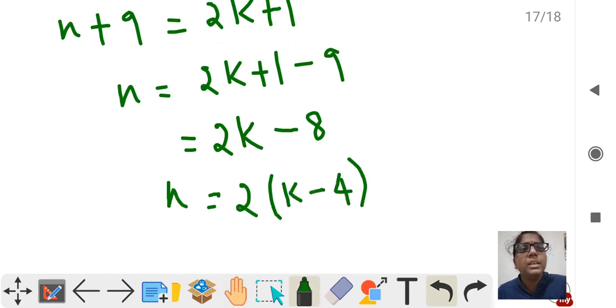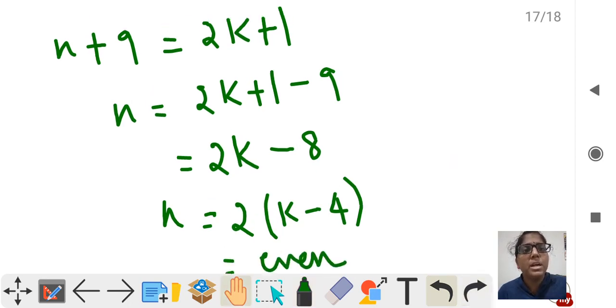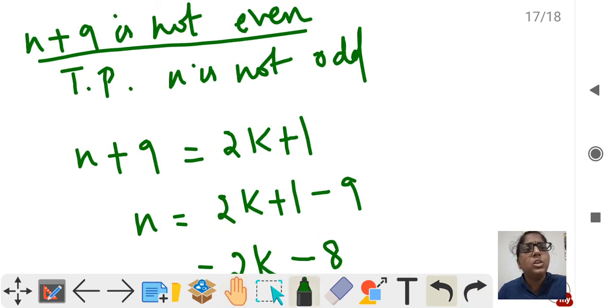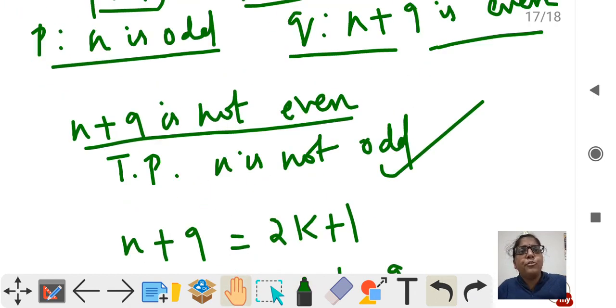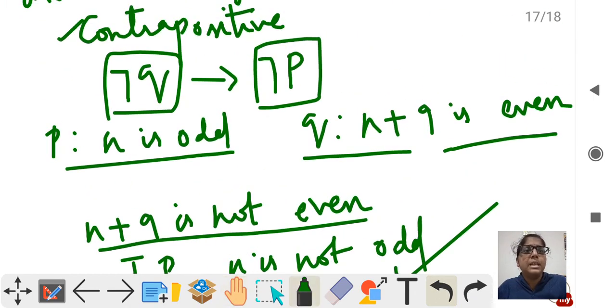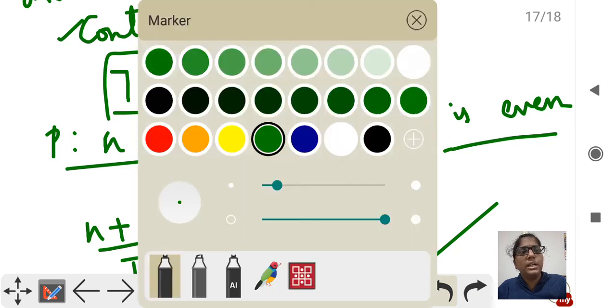So n is 2 times of some number, which is an even number, right? So n becomes an even number. So n is not odd means we have proved it is even. Clear? So this is the indirect proof: negation Q implies negation P.